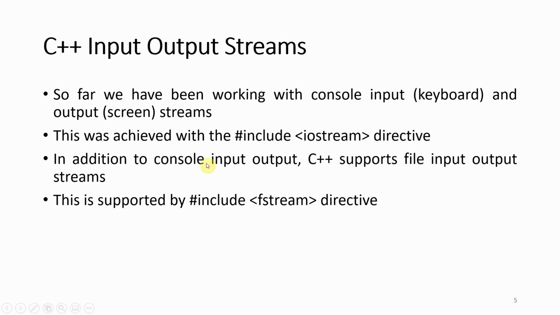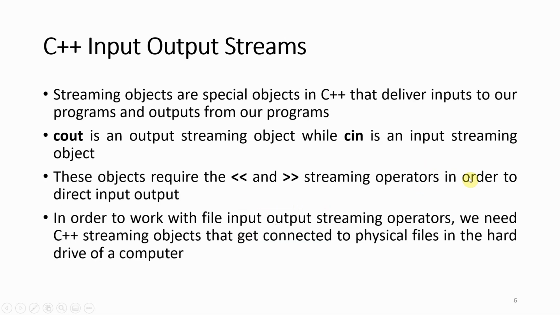In addition to console input output, C++ supports file input output streams. If you include another library called fstream, where f is short for file, you can also support file input output streams in your C++ program.